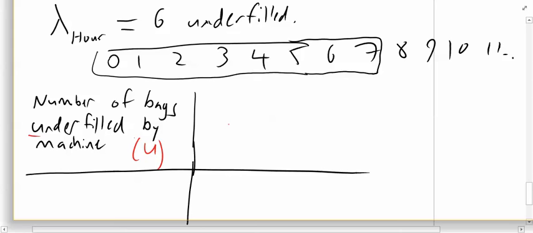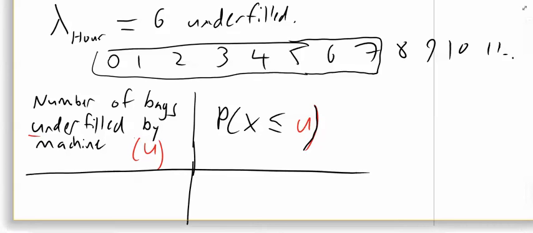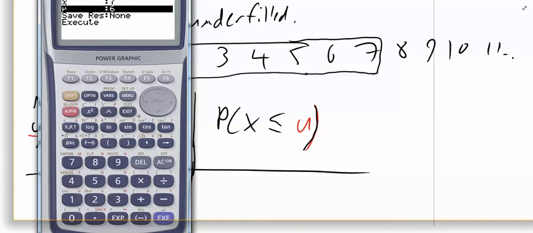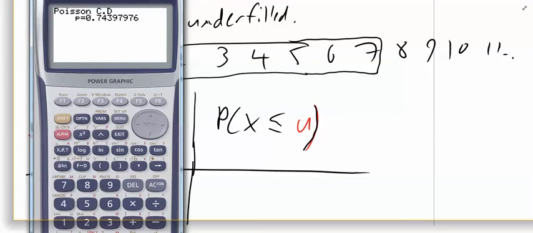Now in the right hand column we're going to put the probability of getting that number or less underfilled, so x is less than or equal to U. So for 7 or less being underfilled, the probability was 0.74397, so 0.744.